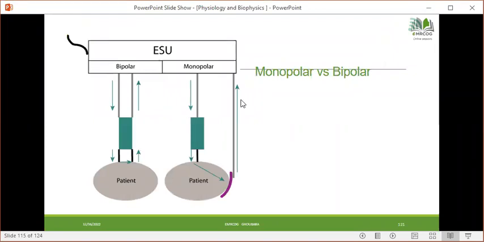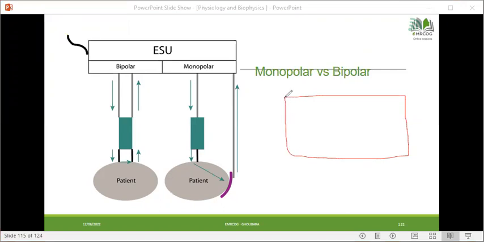This is the difference between bipolar and monopolar diathermy. What happens in monopolar diathermy? In monopolar diathermy, or any kind of diathermy, let's talk generally and then describe each type. Generally, for electricity to reach someone, I need a circuit.